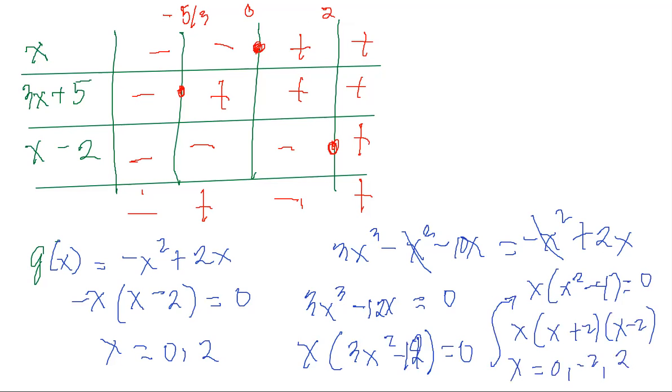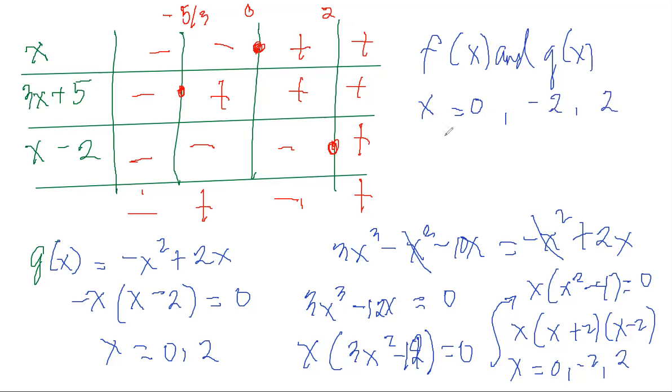Which means that the graphs of the functions f of x and g of x intersect the x-axis at 0, negative 2, and 2. So therefore, let's solve for the y's. If it's 0, then 0. If it's negative 2, we can use the g of x, so we can easily identify the value of y, or the function value.